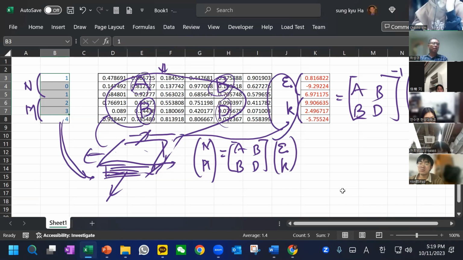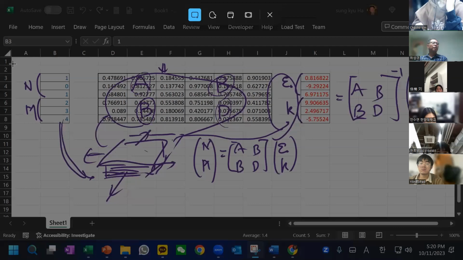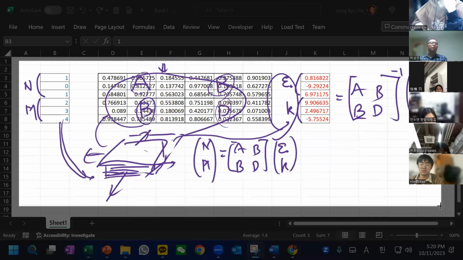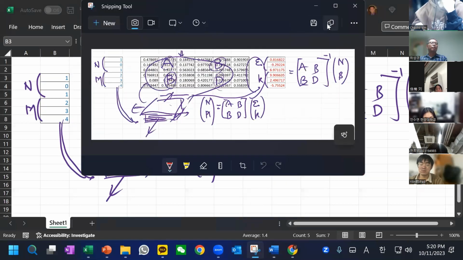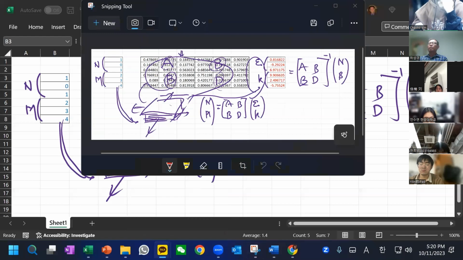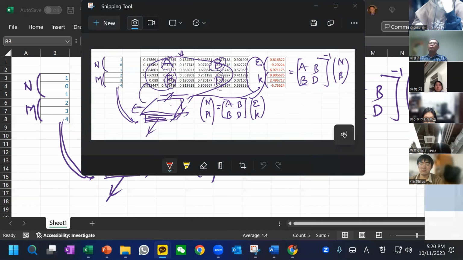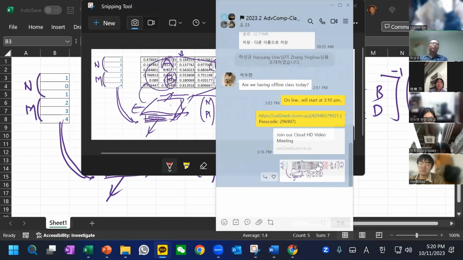Okay, today I'm going to close the class at this point. We didn't cover much, but again, these are the most important steps in understanding composite theory. We're also going to have simple Excel programming.